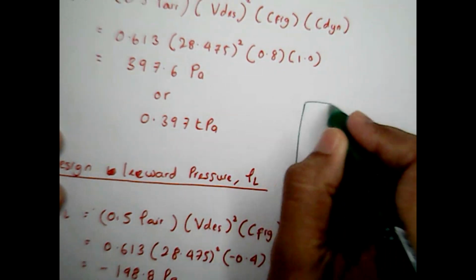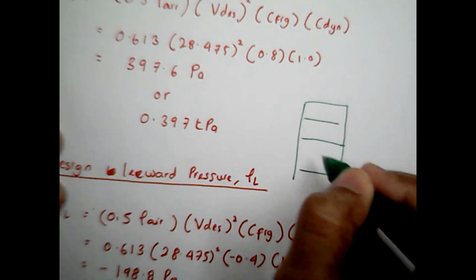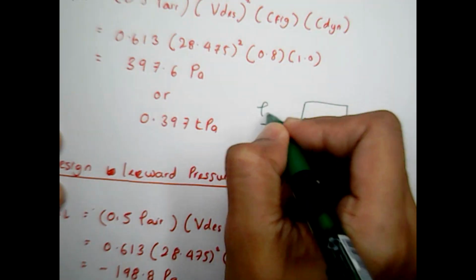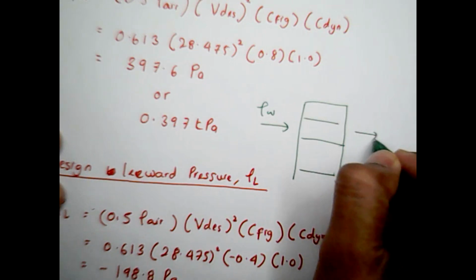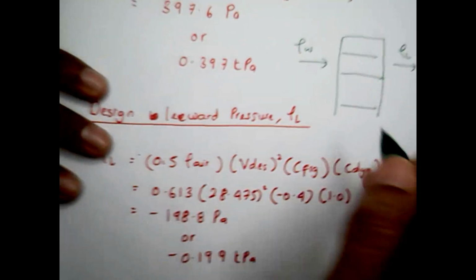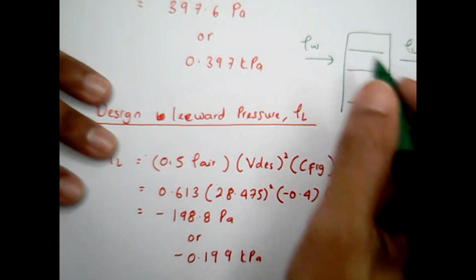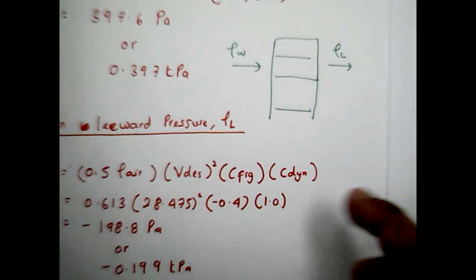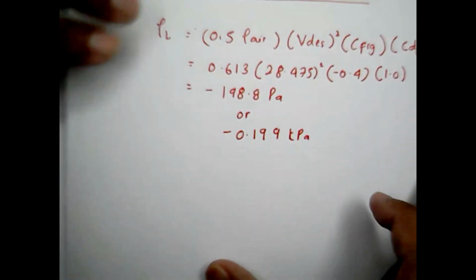Here is the suction side, which is what we call the leeward pressure. So we need to have the net pressure of the windward and leeward.